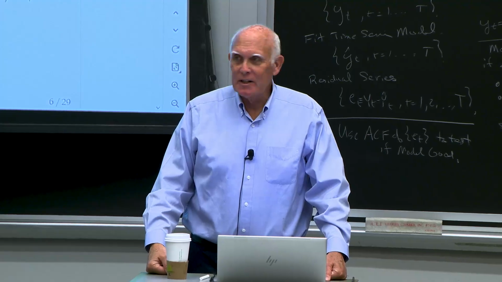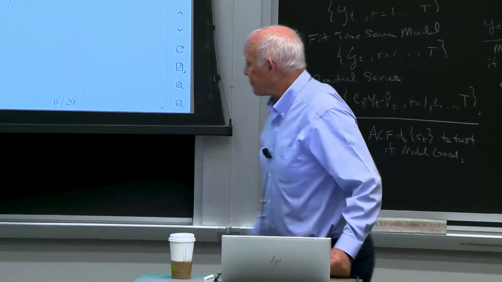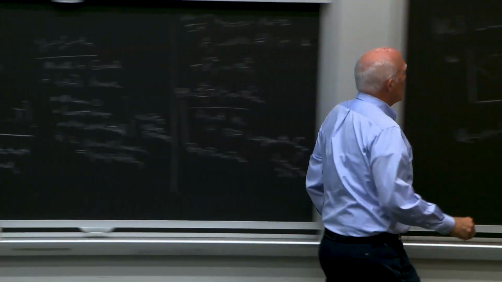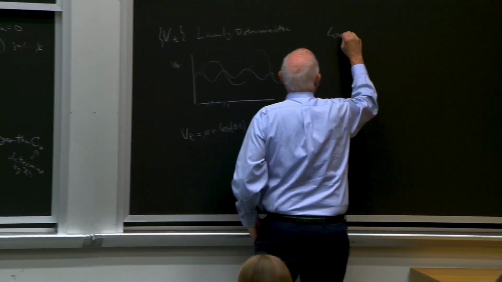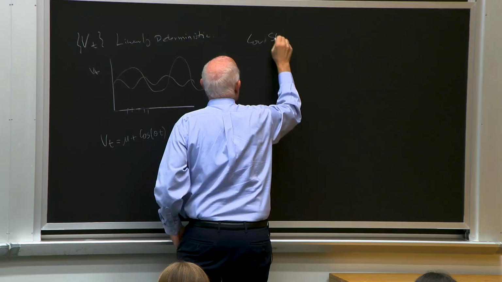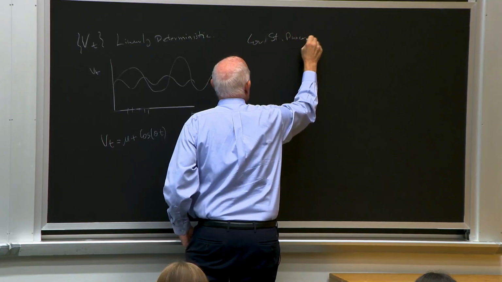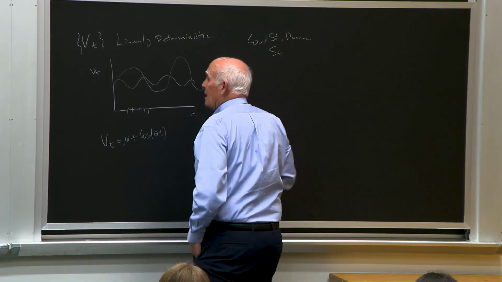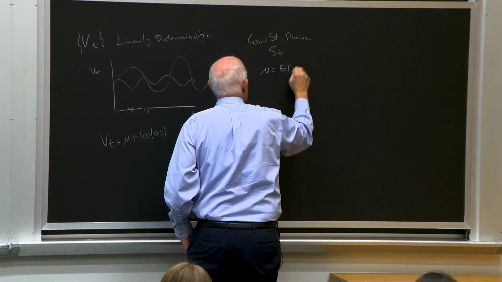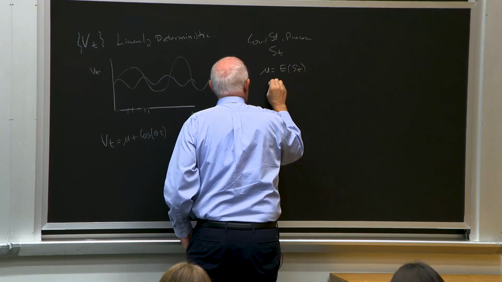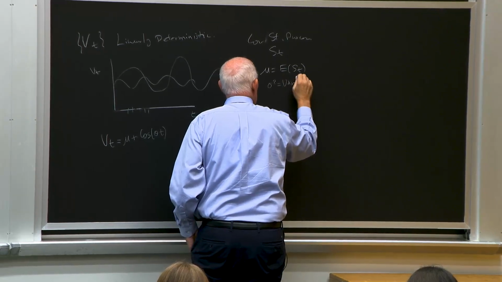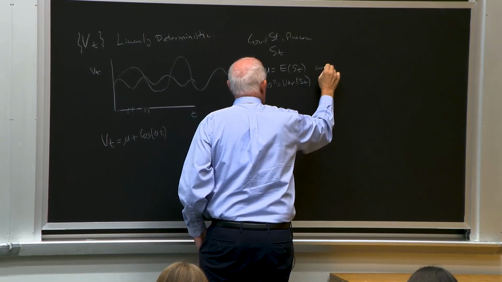For a covariance stationary process S_t, we have that mu is equal to the expected value of S_t, sigma squared is the variance of S_t, and this is constant over time.